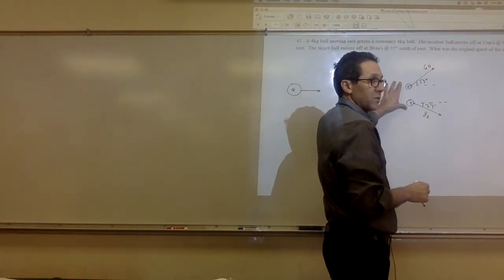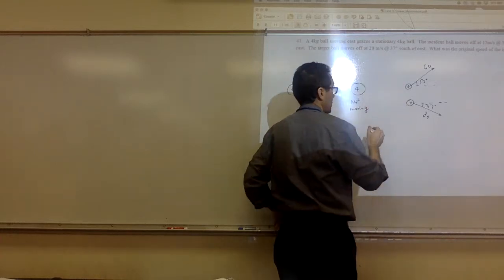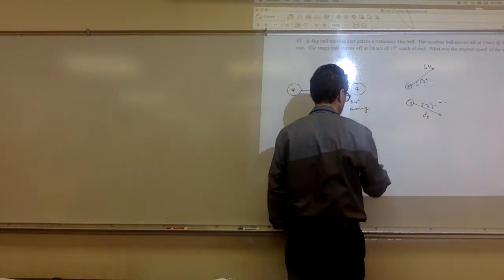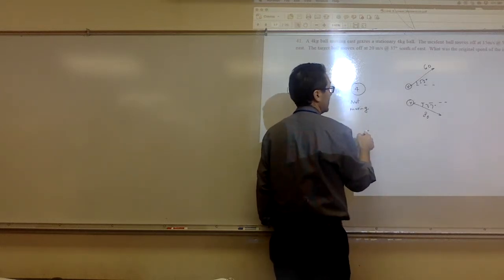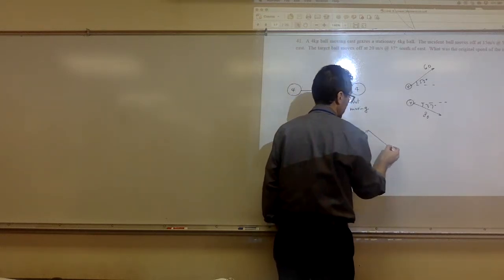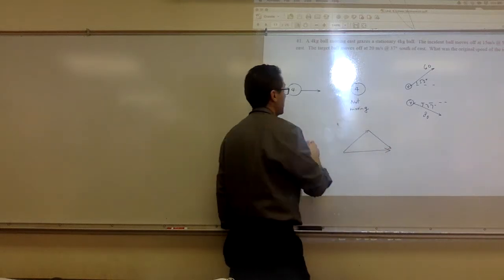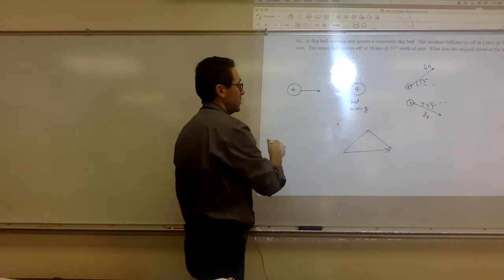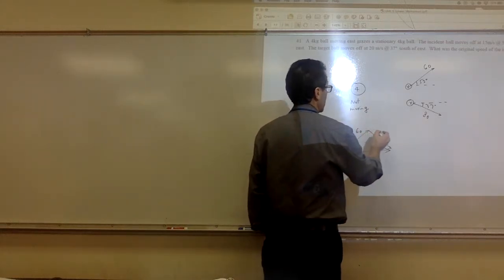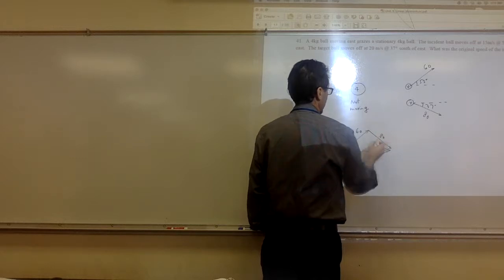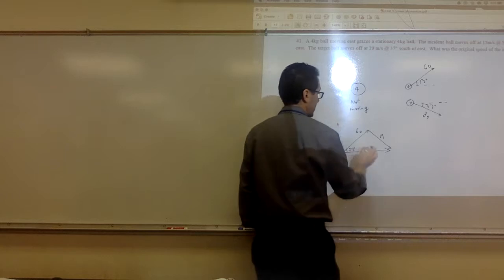The combination of these two momenta has to be east. It doesn't matter which one I do first. So if I do the 60 here, I come to the head of the first vector and draw the second one, but the combination has to be east because the total was east before the collision. So this is 60, this is 80. This angle here is 53 degrees.